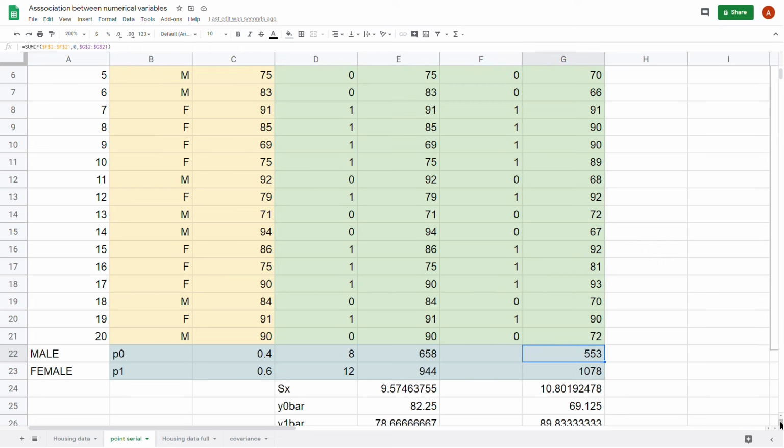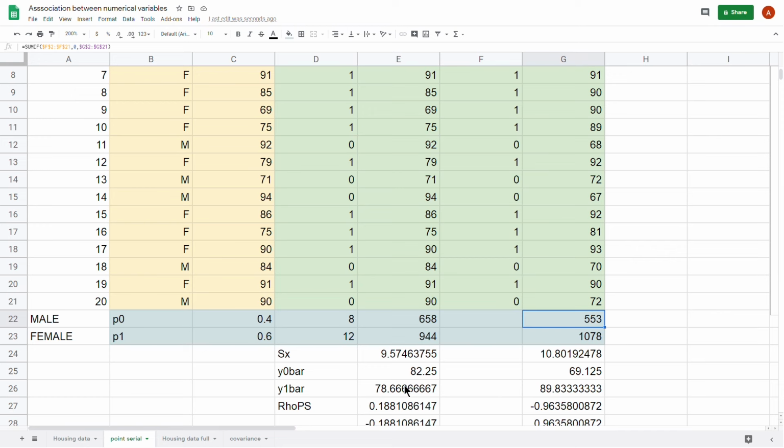If you look at the group means, the means in the first example were close to each other. The mean of the male group was about 82 and the female was about 78. In fact, males had a higher mean than the females there, whereas here you can see that the female mean is close to 90, whereas the male mean is close to 70. There is a huge difference. Here there is not too much of a difference.